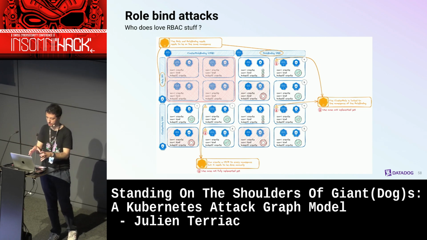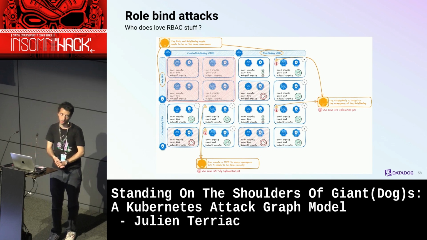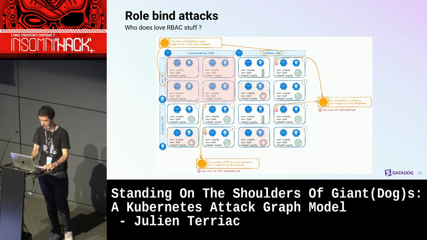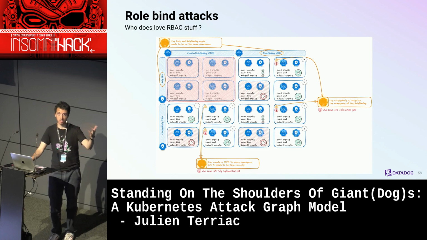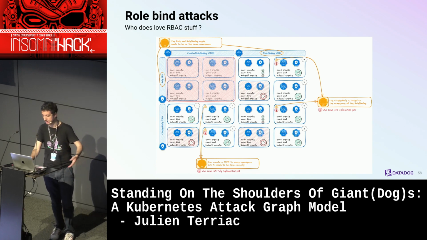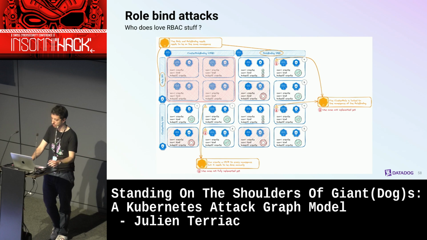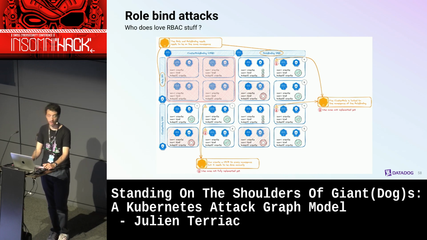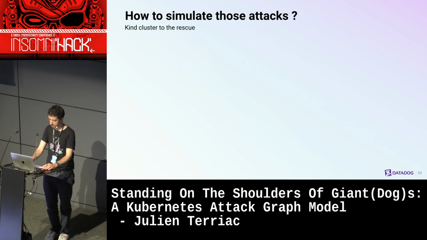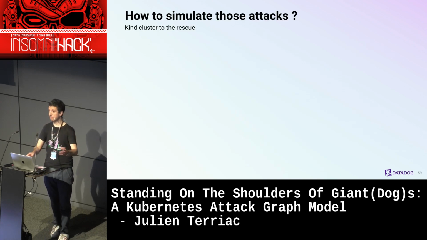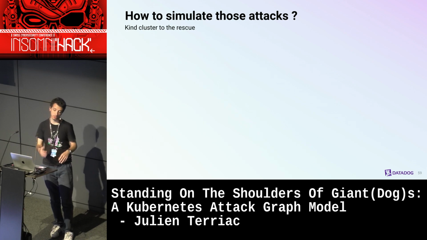That's really specific stuff or research we did on the role binding, for instance, and also trying to see if the model was covering everything. For role binding, there is some gap for now, but we have some Jira issues to make it work.